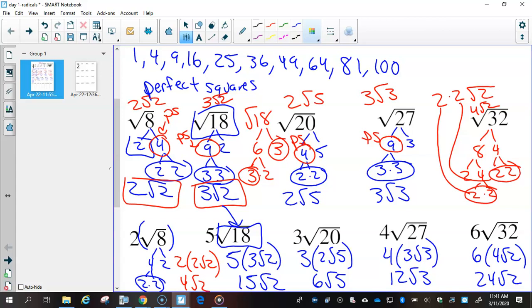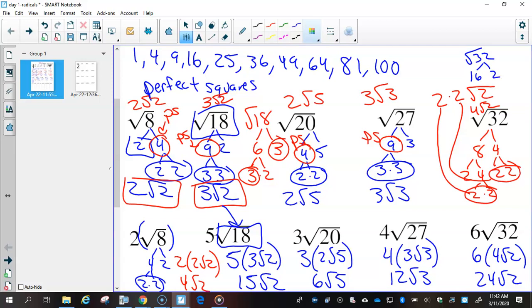Now for 32, you have different options because 4 is a perfect square, but that means you would need to simplify 8. So when you have something that has multiple, try to think of your highest perfect square. So 4 definitely works, but 16 also works. And 16 is higher than 4.